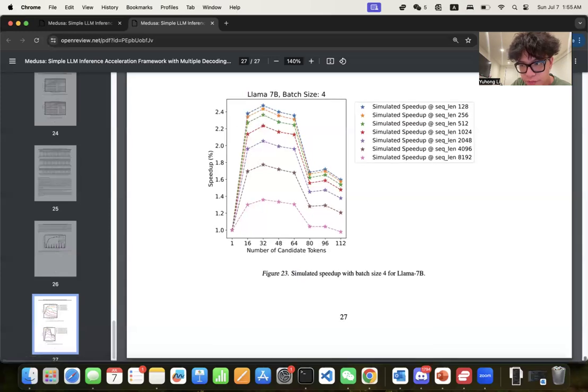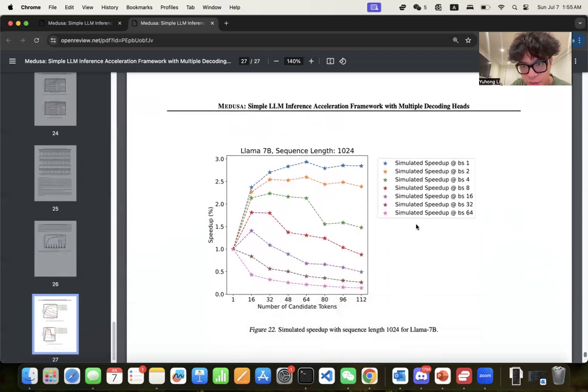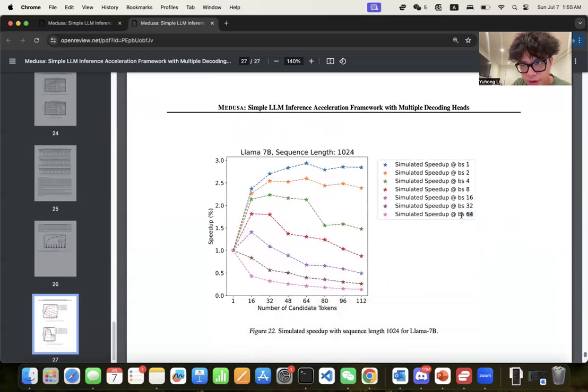And it also has different batch sizes. If we have batch size 64 on one GPU, the speedup will be negative. Basically, it will slow down using Medusa because you have batch size 64 and also a lot of speculative tokens or parallel decoding tokens.